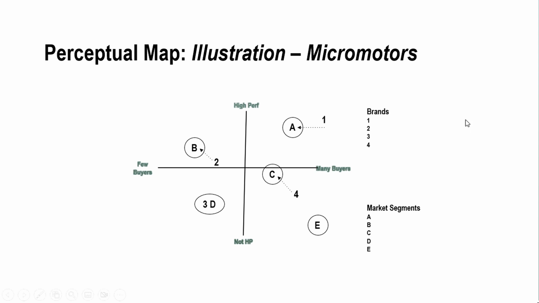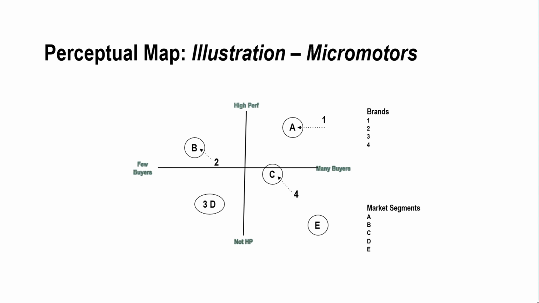Suppose your brand is brand number 1, and brand number 1 is well positioned for segment A. On the x axis of this graph we have few buyers versus many buyers on the right, and on the y axis, high performance capability versus not so high performance capability.